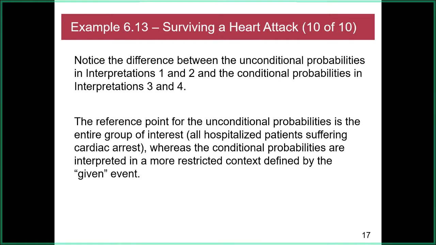So notice the difference between these conditional probabilities depending on which one is the condition and which one is the probability of interest. The reference point for unconditioned probabilities is the entire group. So that's all of the patients that were in the sample, whereas the conditional probabilities narrow it down to a specific group. And of course, the specific group that we narrow it down to changes the probability.